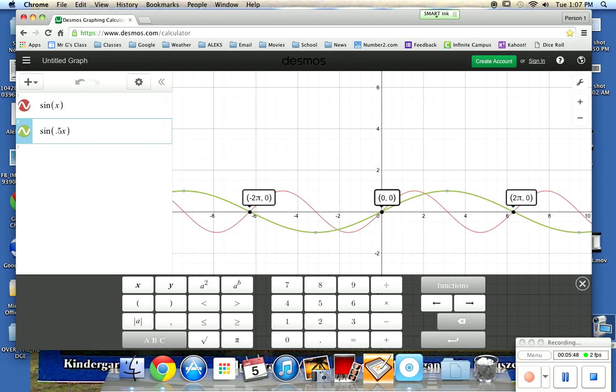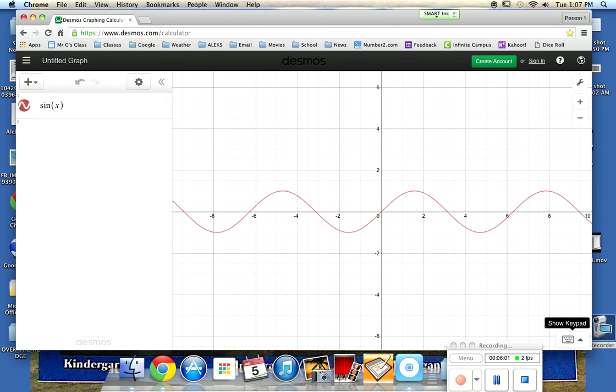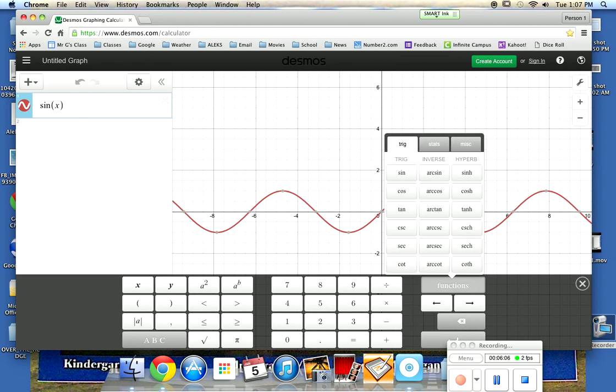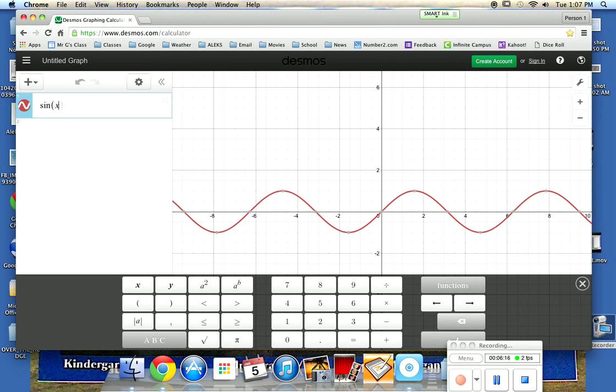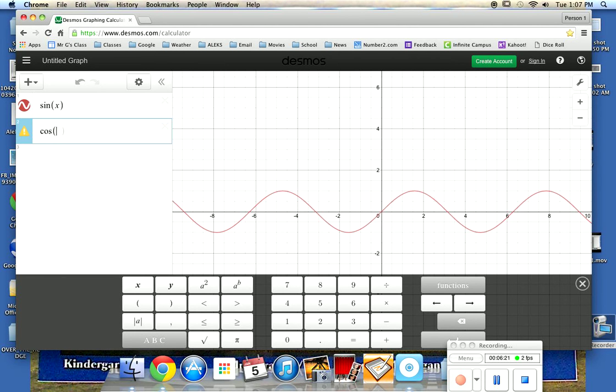Okay. The last one we need to have is called a phase shift. And I've talked about this. A great example of a phase shift is between cosine and sine. If I take a look at the cosine of x, there's a phase shift here.